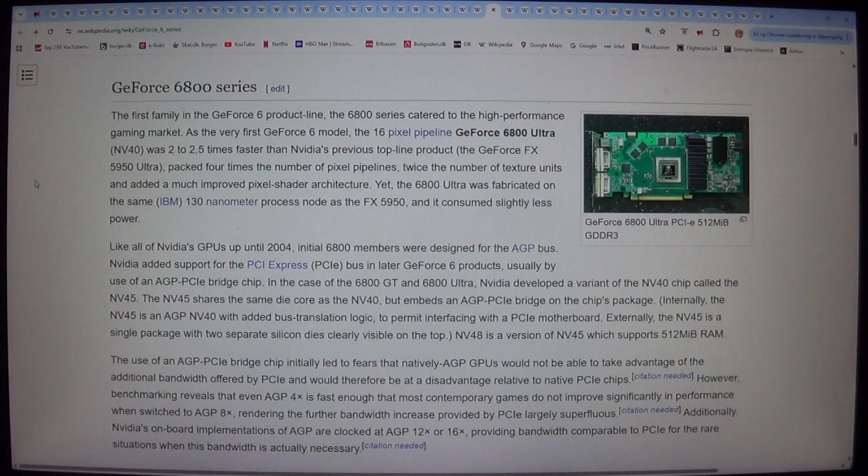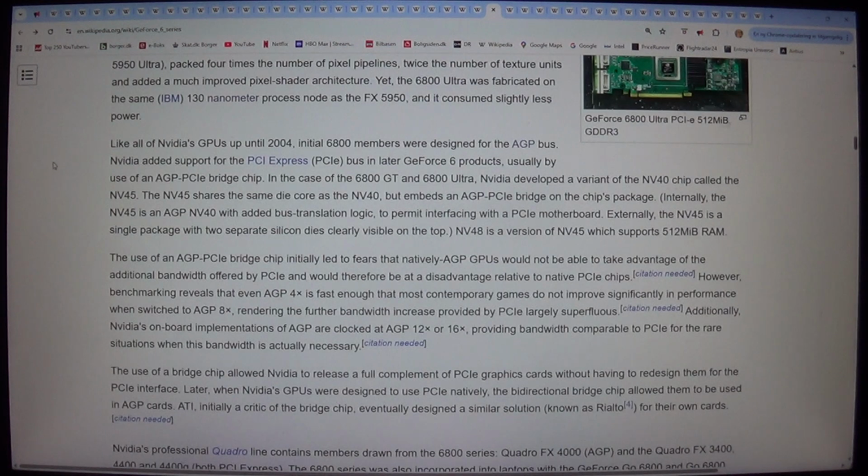The NV45 shares the same die core as the NV40, but embeds an AGP-PCIe bridge on the chip's package. Internally, the NV45 is an AGP NV40 with added bus translation logic, to permit interfacing with a PCIe motherboard. Externally, the NV45 is a single package with 2 separate silicon dies clearly visible on the top.